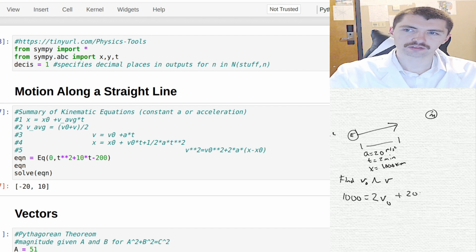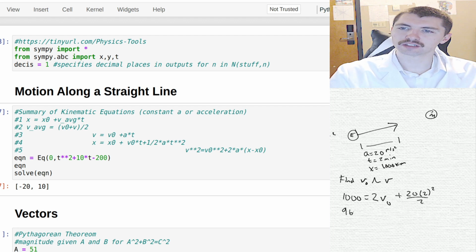Okay, so that's 4 divided by 2. It's 20 times 2 is 40.